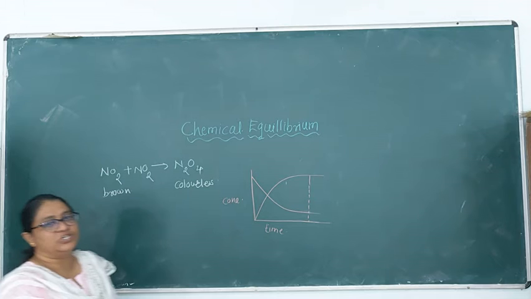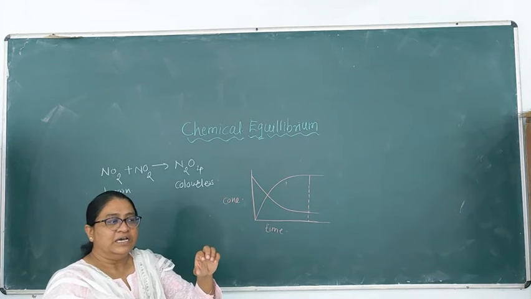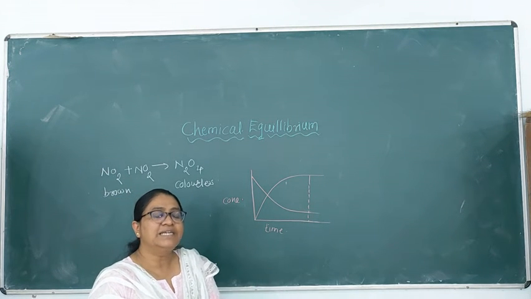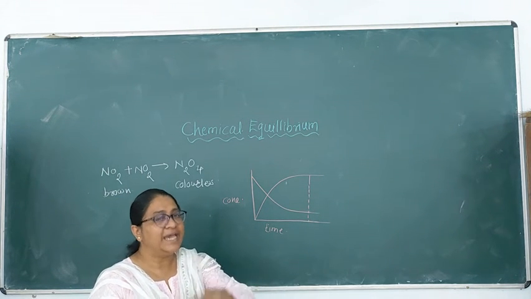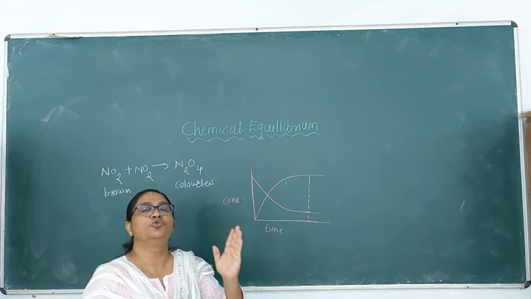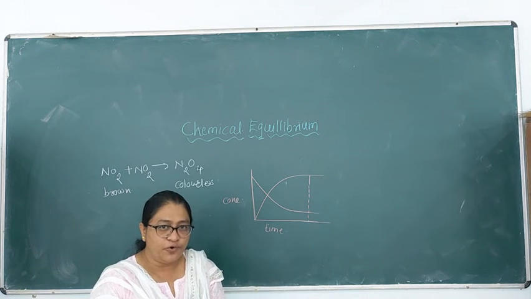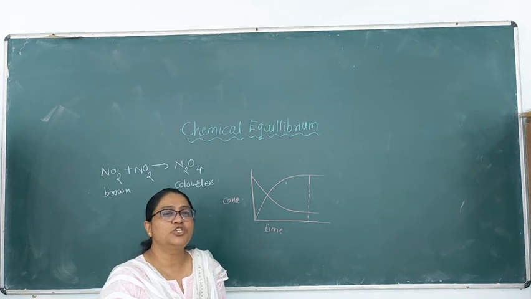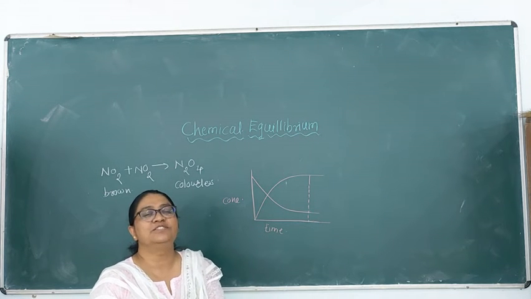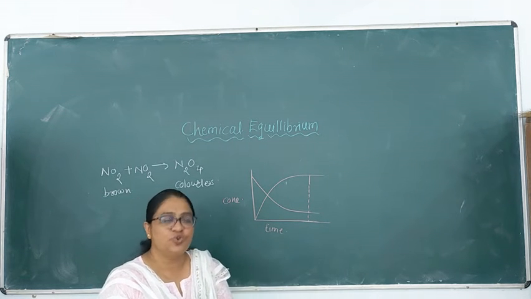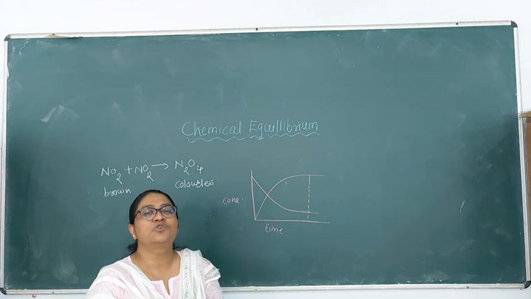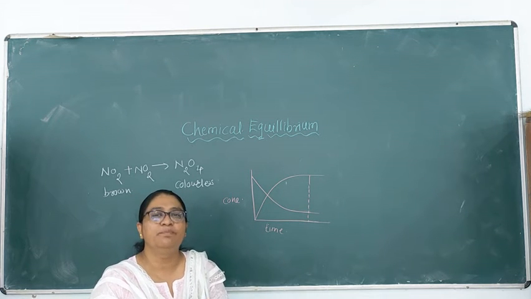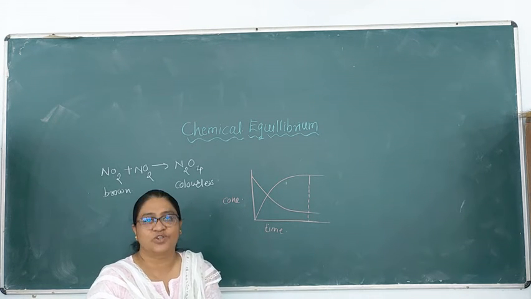So in this situation, reactants are converted into product and again the product is converted into the reactant. Therefore, there is no change in the concentration of the reactant as well as the product. And this situation in the reaction is called chemical equilibrium, or simply equilibrium.